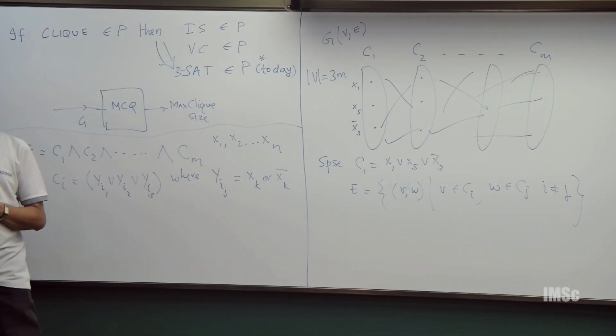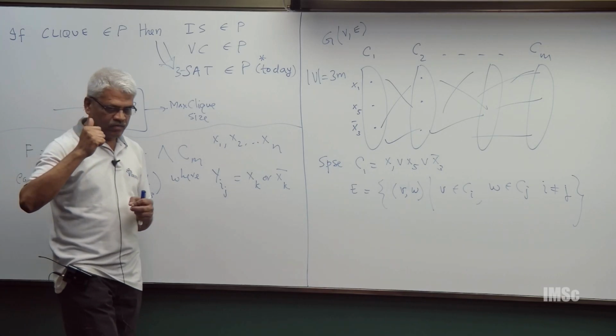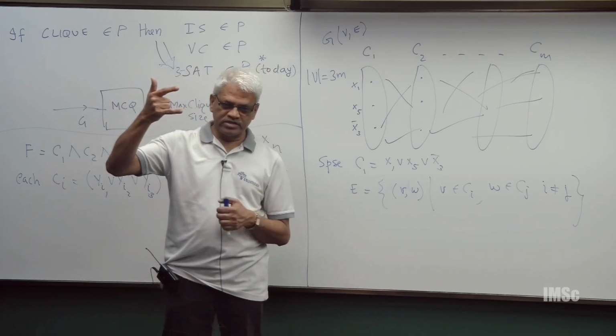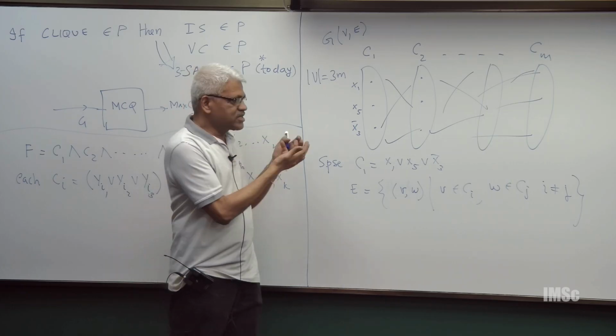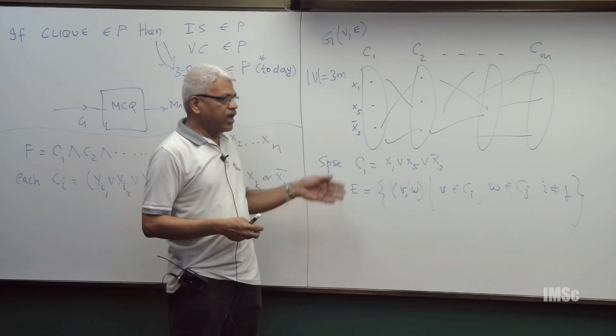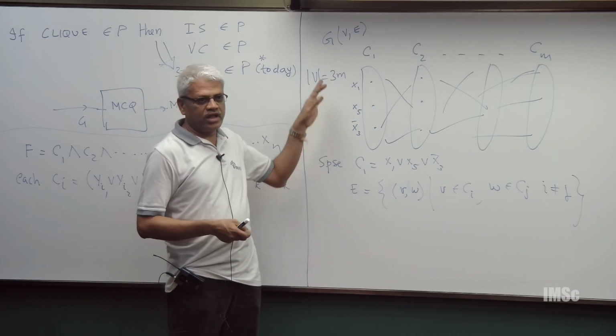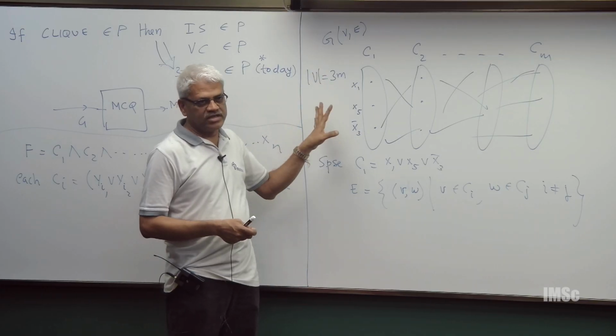Is there a possibility of a larger clique? Can I get a clique on m plus 1 vertices? Why not? Why not two from one set? Because we constructed this graph and we added no edge between any pair of vertices inside a set.